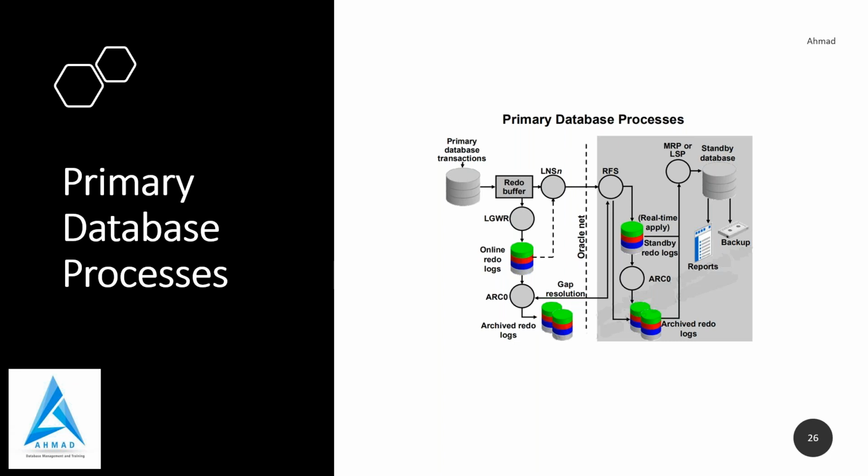Other than starting the asynchronous LNS process, LGWR has no interaction with LNS or the asynchronous standby destination, right? So LNS can take data from the redo log buffer or from the redo log file, but it is better that it takes from the redo log buffer.